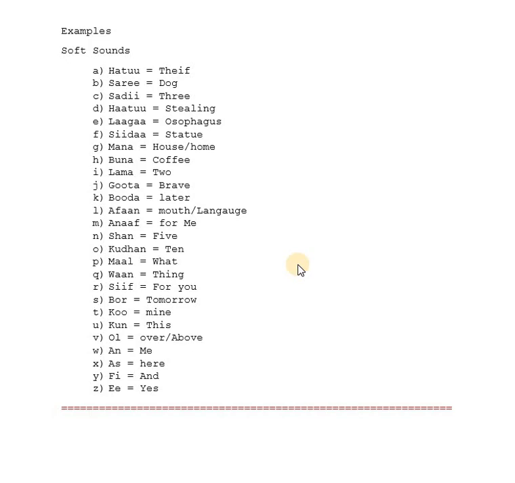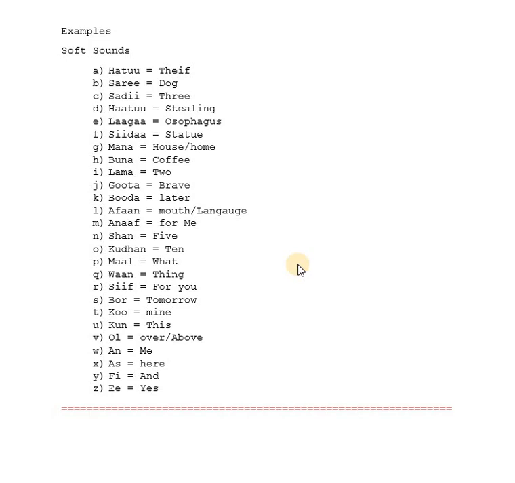Number 4, fira. Number 5, laga. Number 6, Oromo. Number 7, demi.